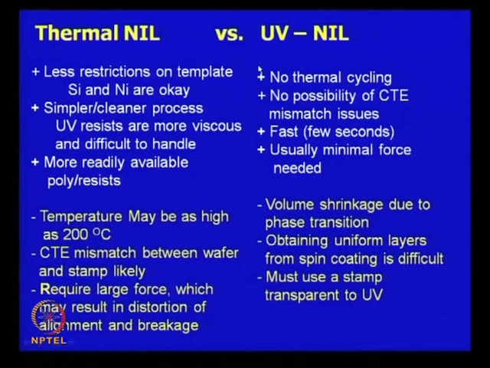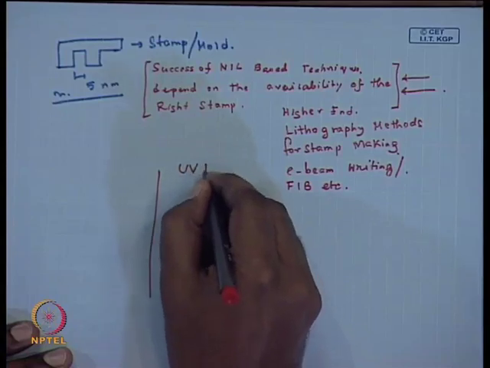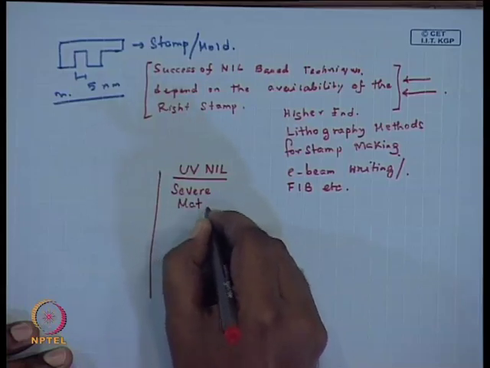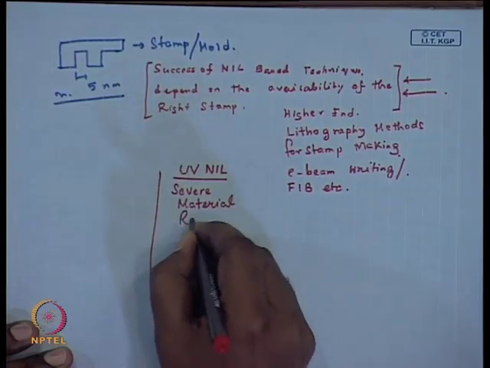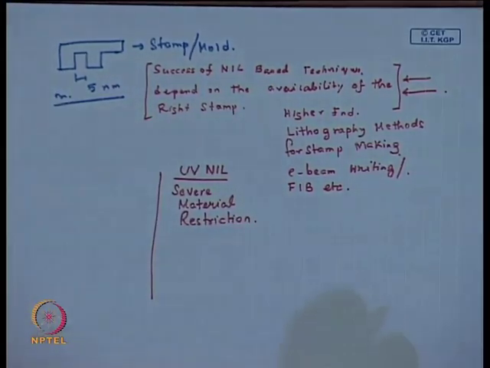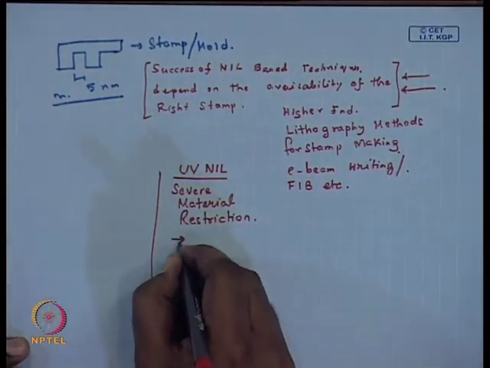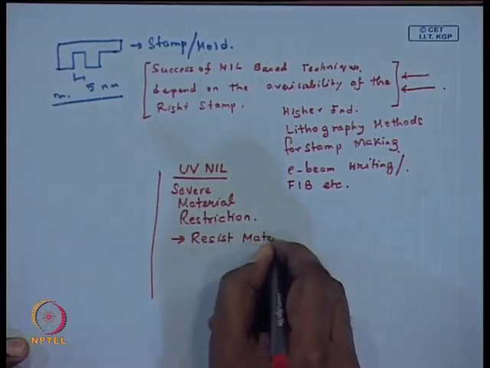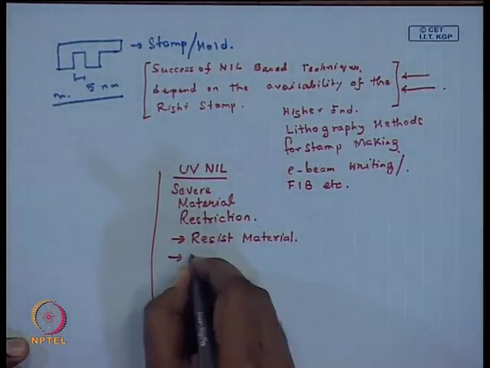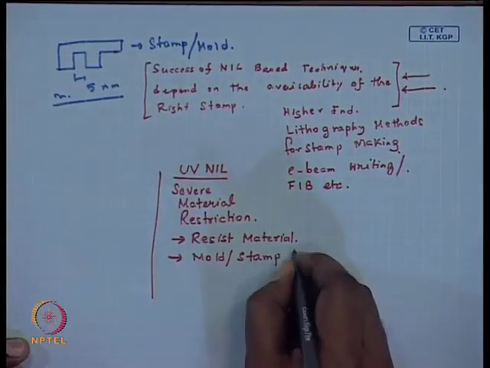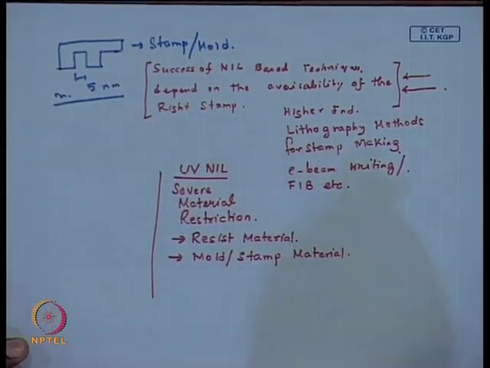So, there is a severe restriction in UV NIL from the standpoint of materials, and material here includes the resist as well as the mold or the stamp material. So, this is critical.